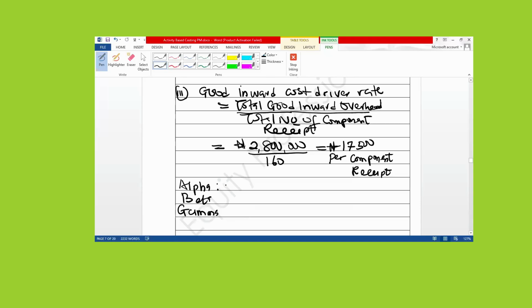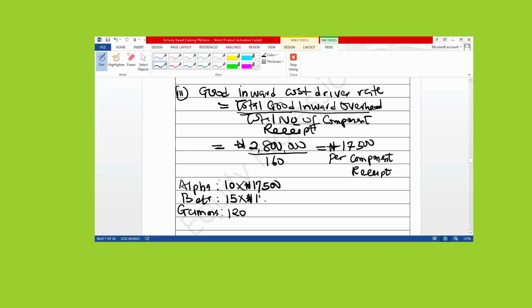Component receipt for alpha, 10. Component receipt for beta, 15. Component receipt for gamma, 120. Per component receipt, this is 17,500.